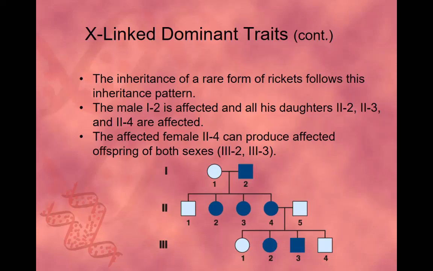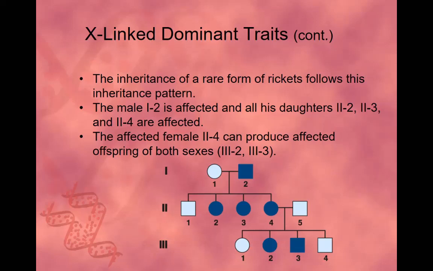If it's equally found in men and women, it's probably autosomal. But if you have more men or more women, it's likely to be sex-linked. If it's sex-linked dominant, you'll see it in more women. If it's sex-linked recessive, you'll see it more in men.